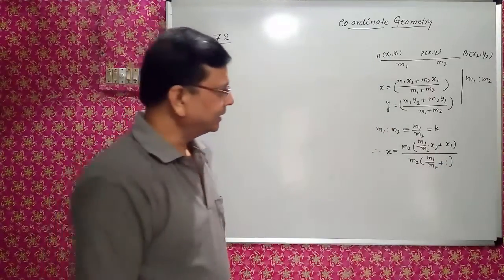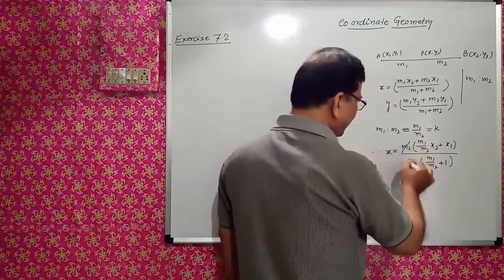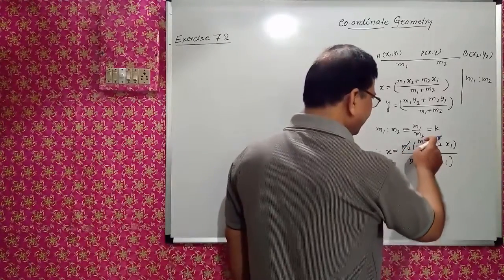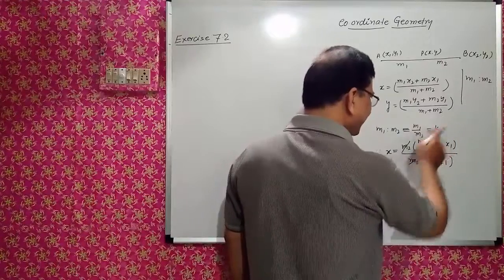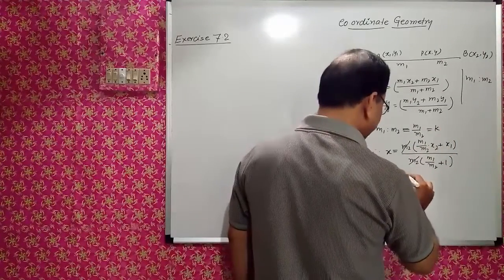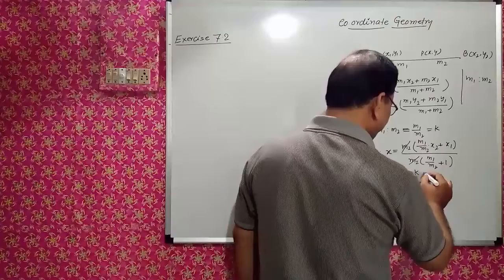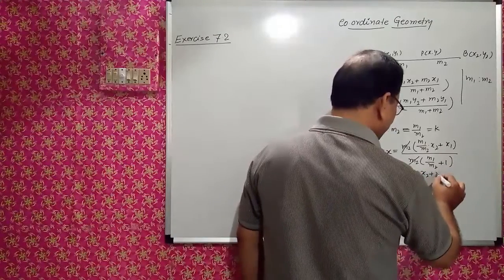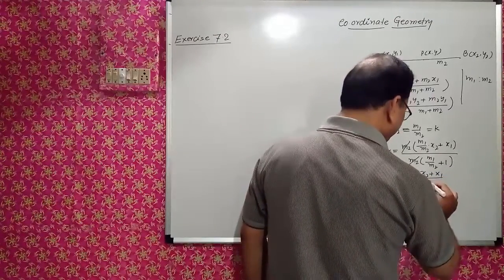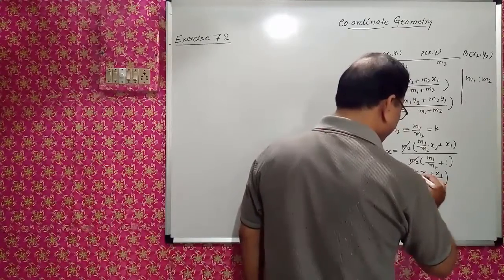Isn't it? Here m2 will cancel out, and in place of m1 by m2 if I write k, therefore x is equal to k x2 plus x1 upon k plus 1.